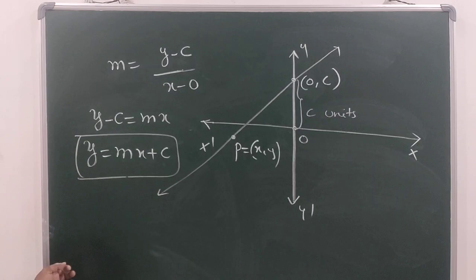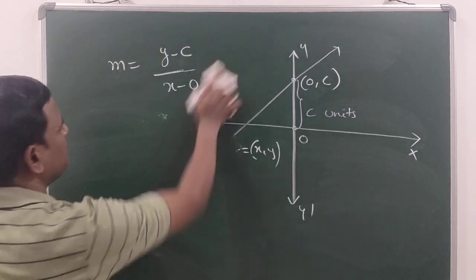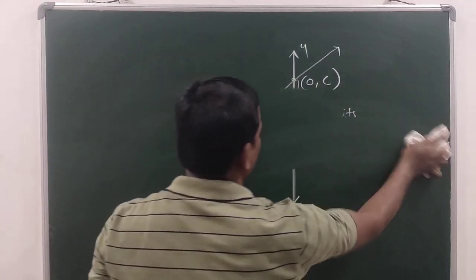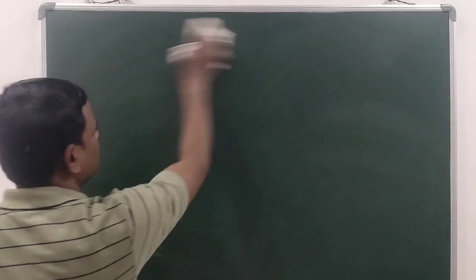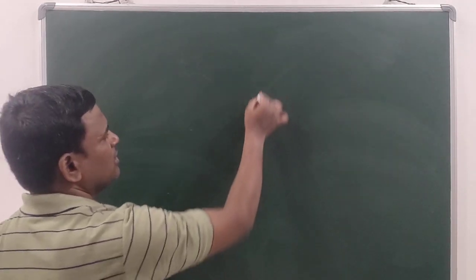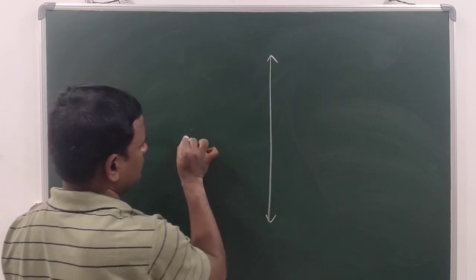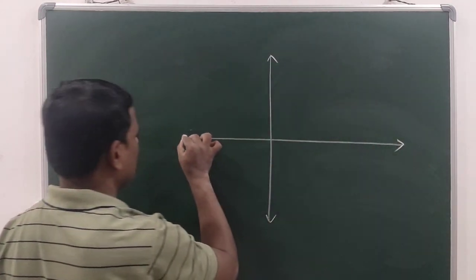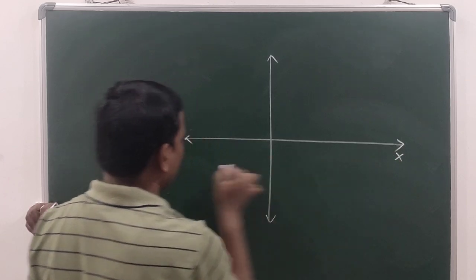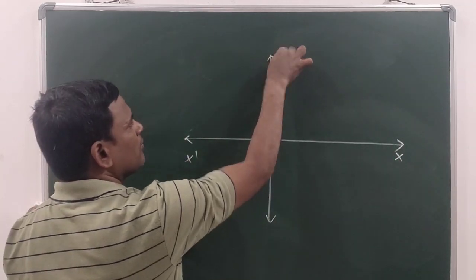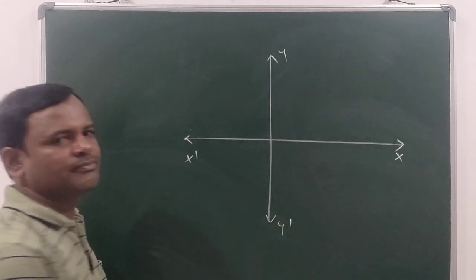Now suppose if x-intercept is given, how do you determine such line equation? See here, x dash, y dash.